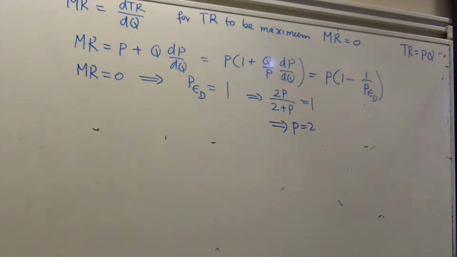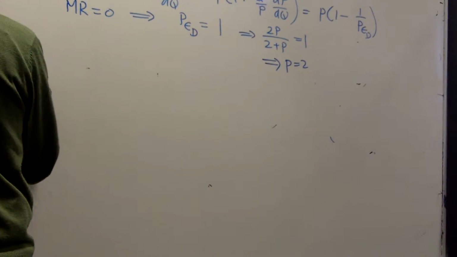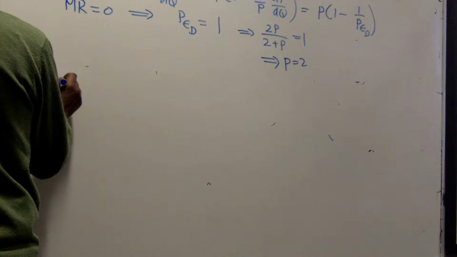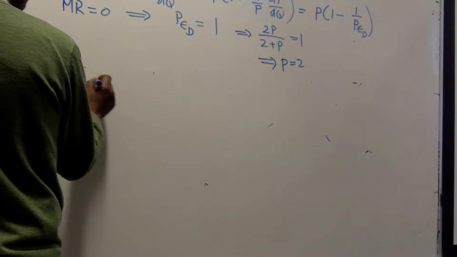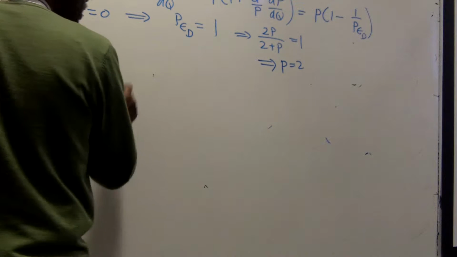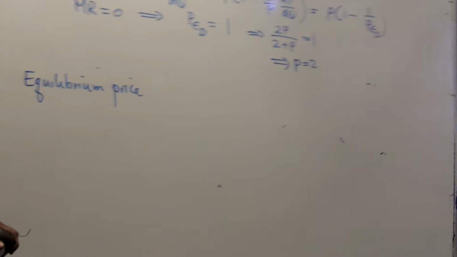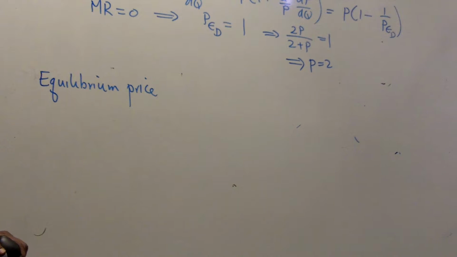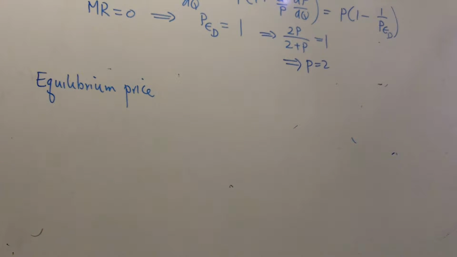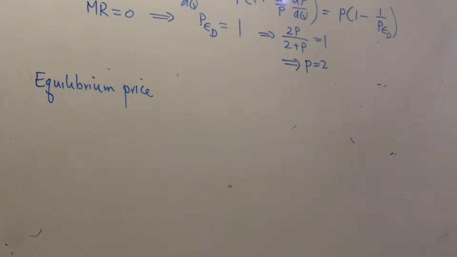Now the next bit says find the equilibrium price. As we know, equilibrium price is the price when demand is equal to supply. Is that correct?